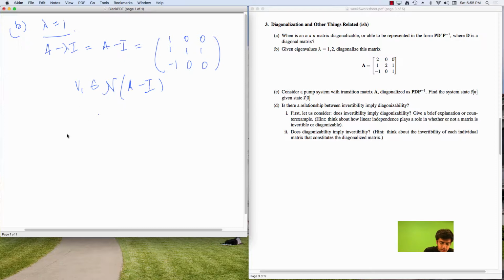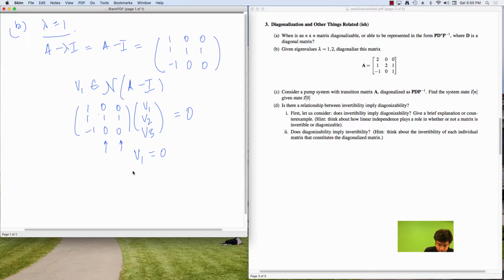So now, solving for the null space of A minus I, what we're looking to do is solve the set of equations given to us by this. Right off the bat, notice that this column and this column are exactly identical. So at some point, we will have some redundancy. So the first equation gives us v1 equals 0.